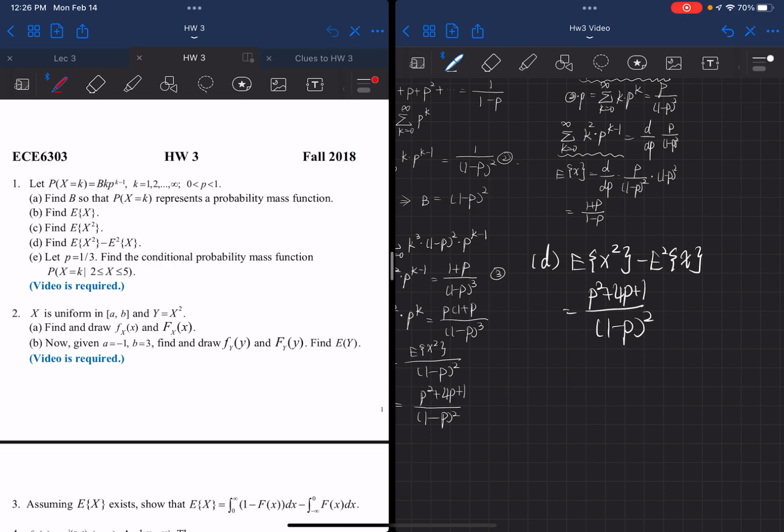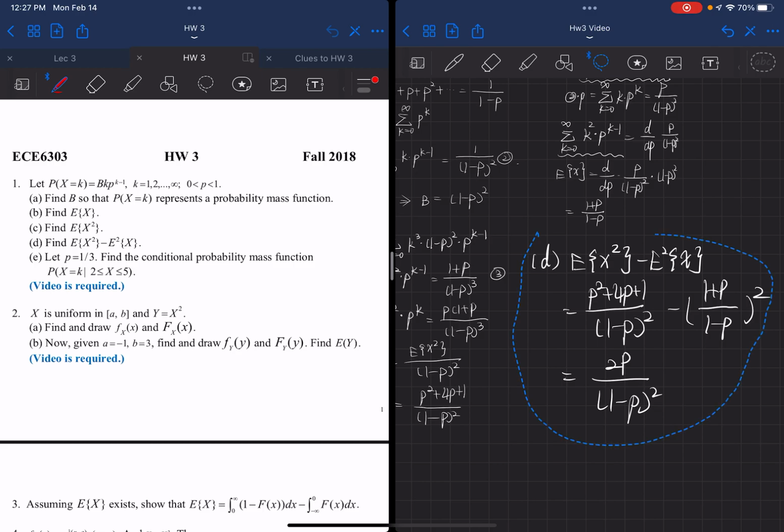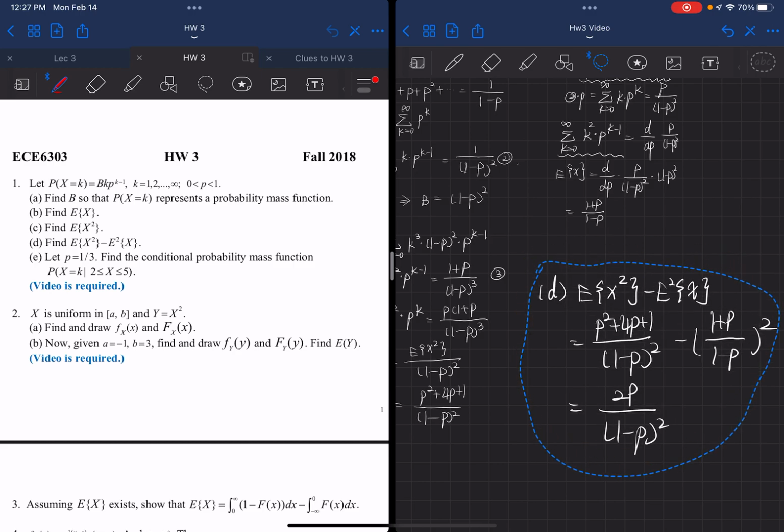This is the result we got from problem C. This is the result we got from problem B, and it equals 2p divided by 1 minus p to the power of 2. And this is for part D.